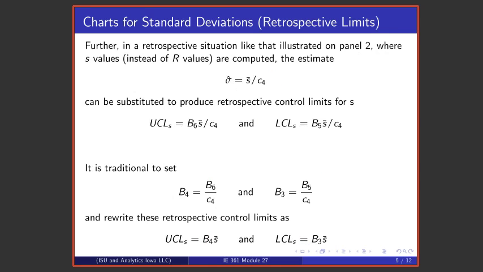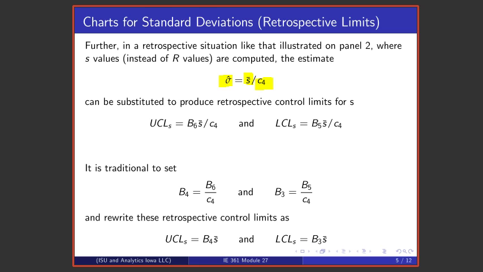Further, in a retrospective situation like the one in the Deming drama data, if one computes with standard deviations instead of ranges, an estimate of the process standard deviation is then going to be an average sample standard deviation over the control chart constant little c4.